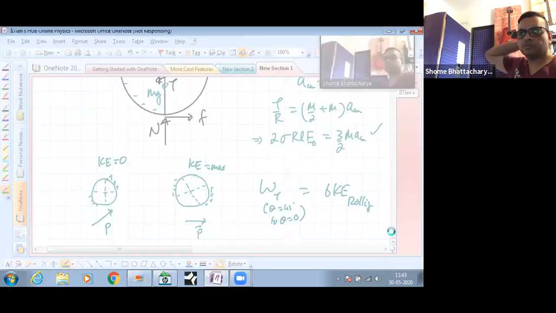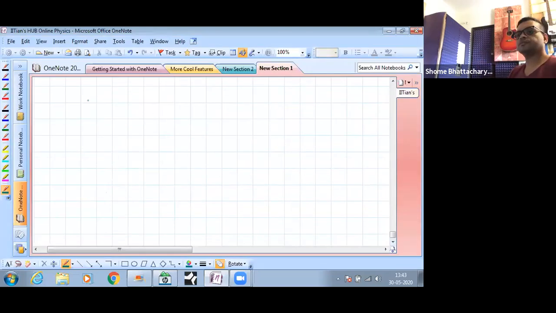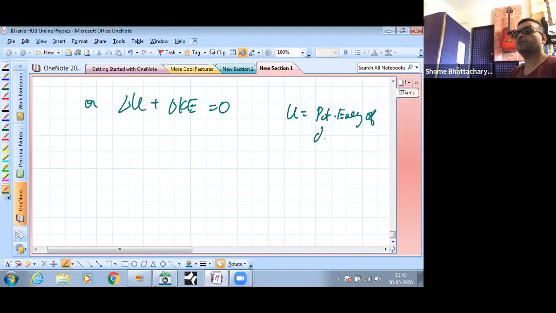That PE into 1 minus cos theta kind of term, that one. You can also use this, or delta U plus delta KE is 0, where U is the potential energy of a dipole in an electric field. This kind of term.